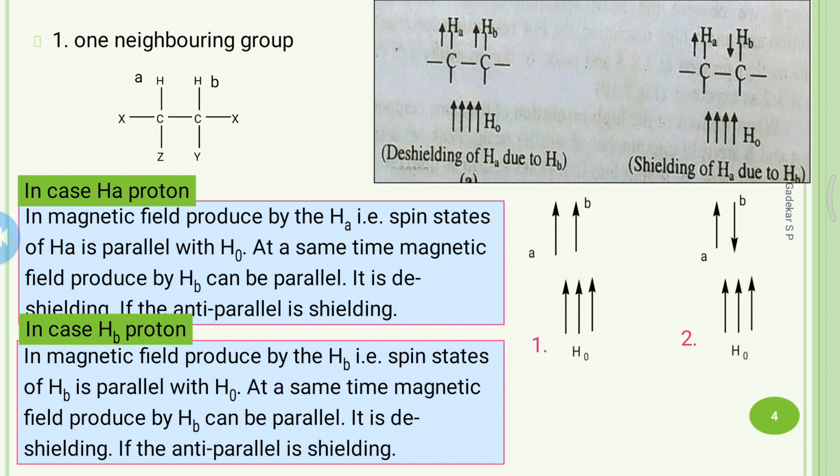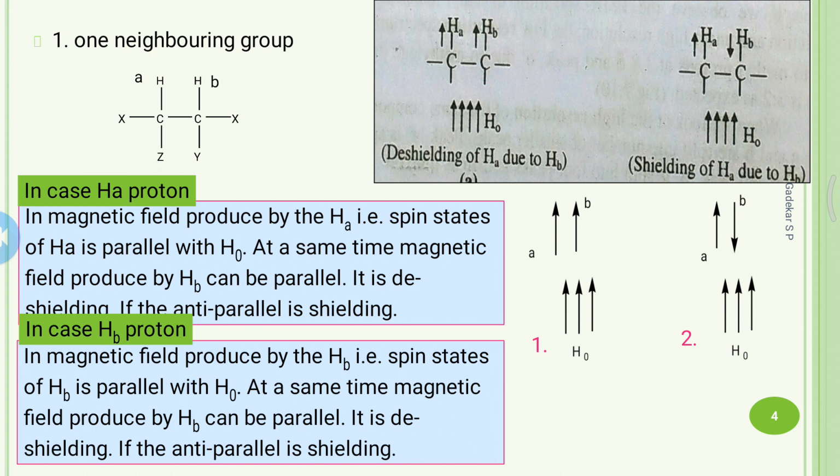The spin state of HB is parallel with the applied magnetic field, and at the same time the magnetic field produced can be parallel, and it is de-shielding. If anti-parallel, it is shielding.